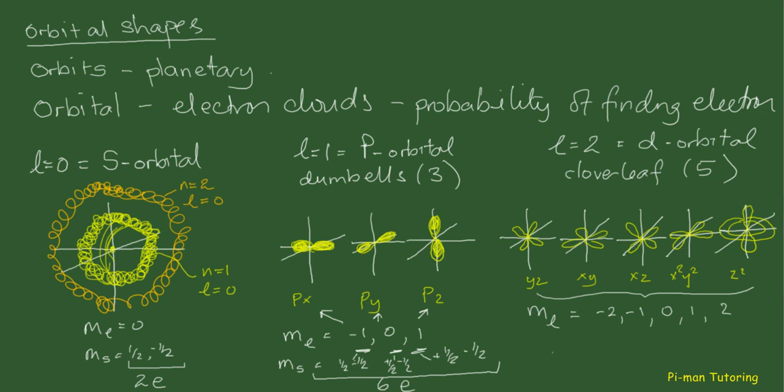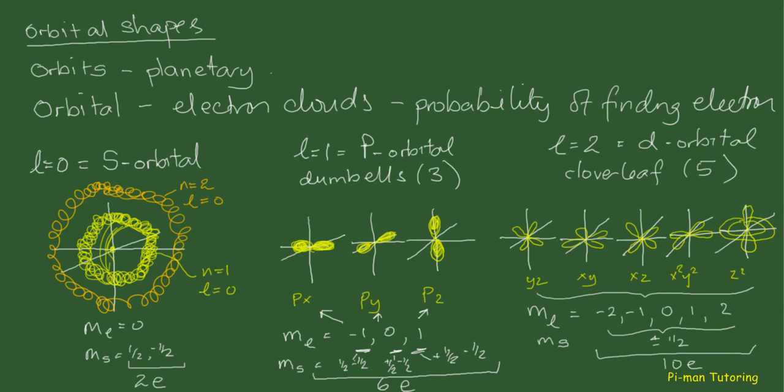And again, each one can have an up electron and a down electron, so we put ±1/2 into each of these, and thereby end up with a total of 10 electrons, which can fit into the L equals 2 orbitals.